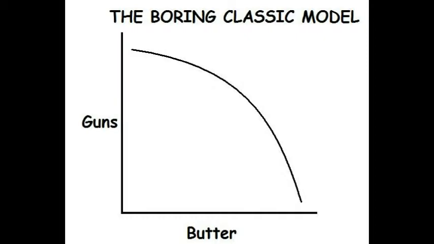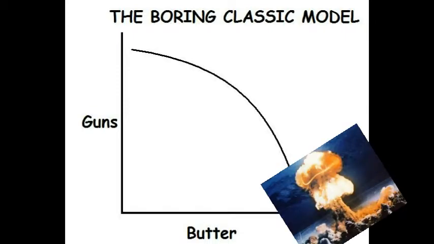Now, as the graph gently slopes down, you get less of the guns and more of the butter, which is then the opportunity cost. The opportunity cost is the guns that you can't make due to the butter that you are making. In other words, by making more butter, you can't make as many guns.